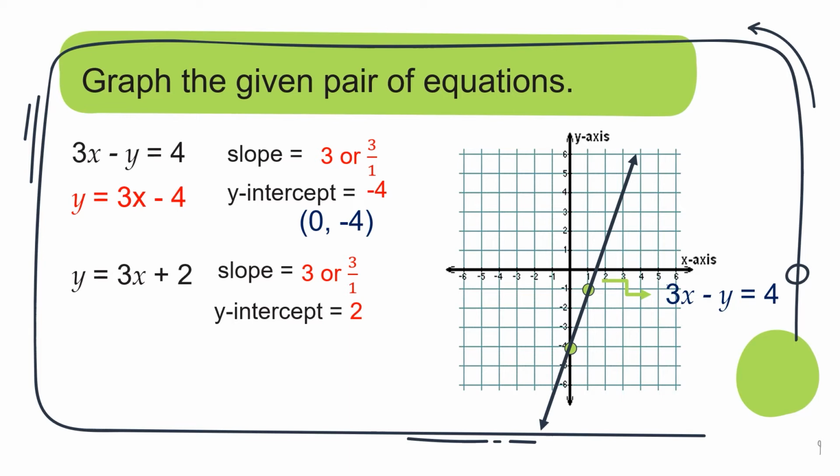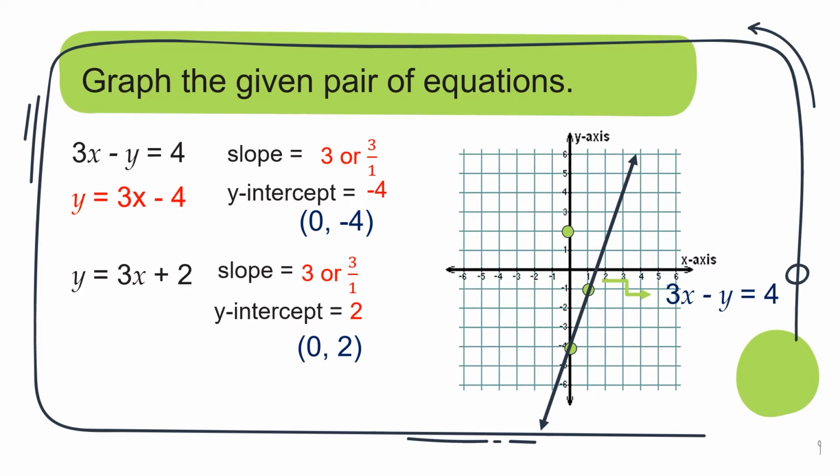For the second equation, y is equal to 3x plus 2, the y-intercept is positive 2. Therefore, we're going to use the point 0, 2. And again, that is located along the y-axis. For the second point, we have to consider the slope, which is 3 or 3 over 1.